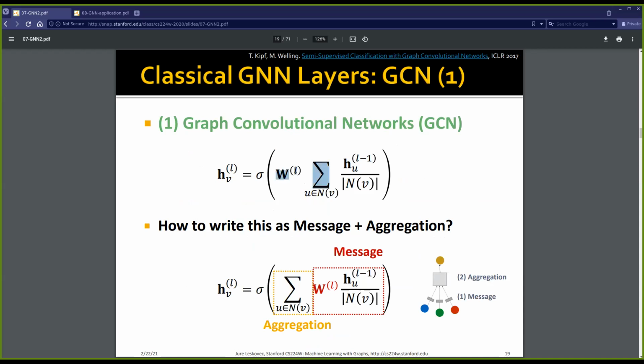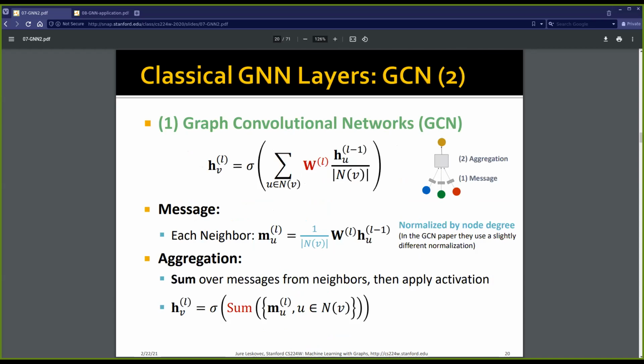But you can also move that matrix inside the sum, and then this part stands for the message, and the sum is just the aggregation function. Also, written like this, it's not really matching the GCN implementation, because they use asymmetrical normalization instead of just dividing by the node degree. And then you only sum over the messages. So this is just a decomposition right here.